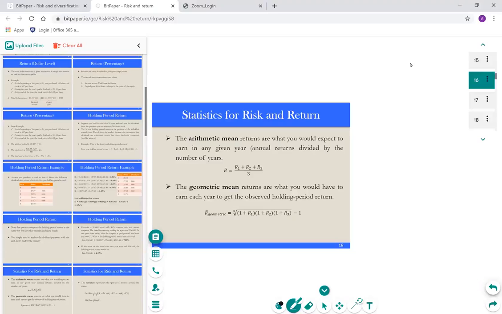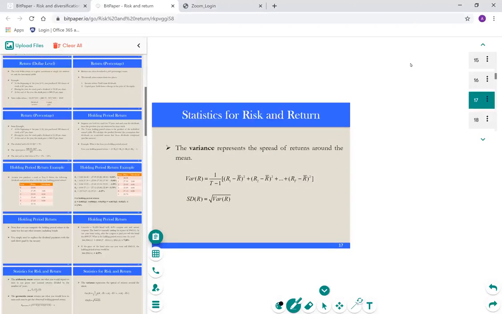That gives you the geometric mean, which tells you what your annual returns are that would result in the holding period return that you observe. So these are two measures of averages. We're basically just going to be dealing with the arithmetic mean, but the geometric mean is also a commonly computed statistic.